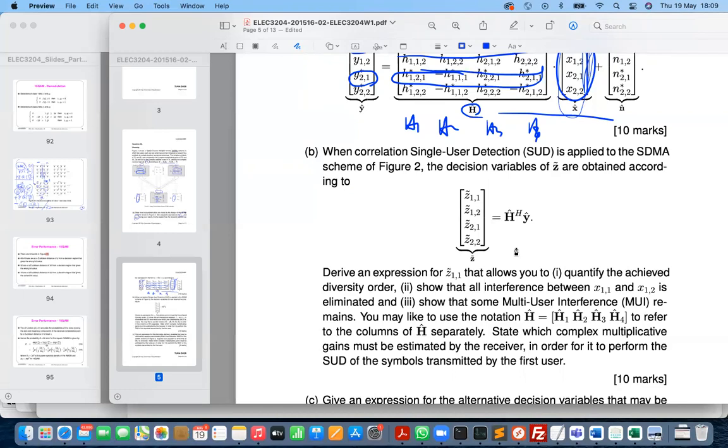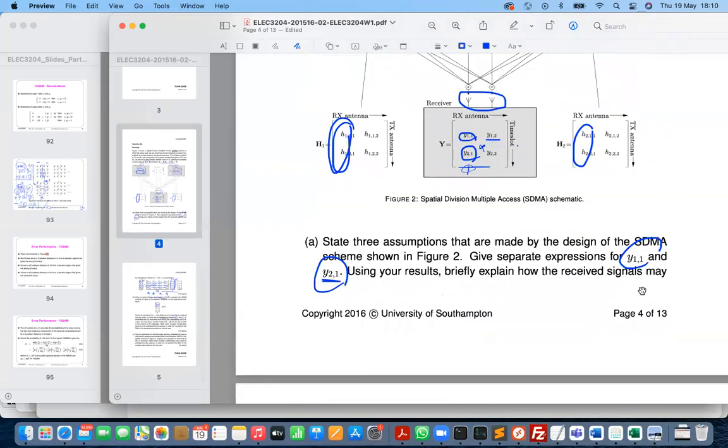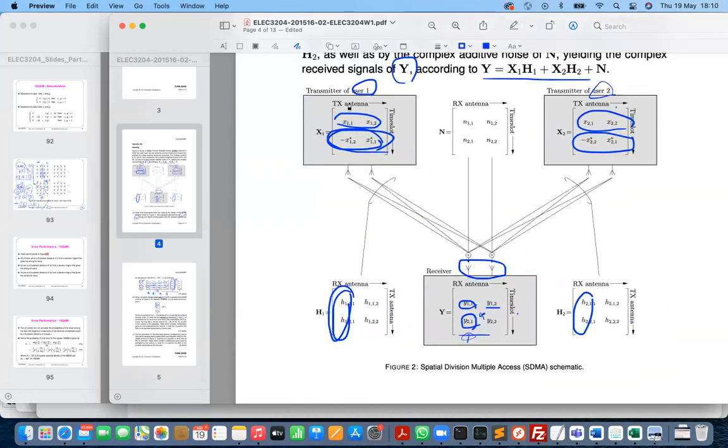Now you need a single user decorrelation, and you have the decision variables here. What we want to show is that there's no interference between x1 and x2. So there is basically no interference between the two antennas within a block, but there will be interference between blocks.